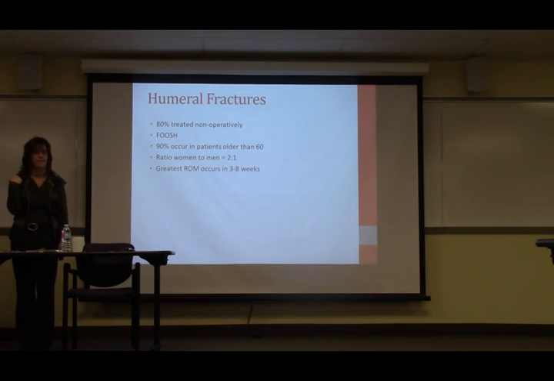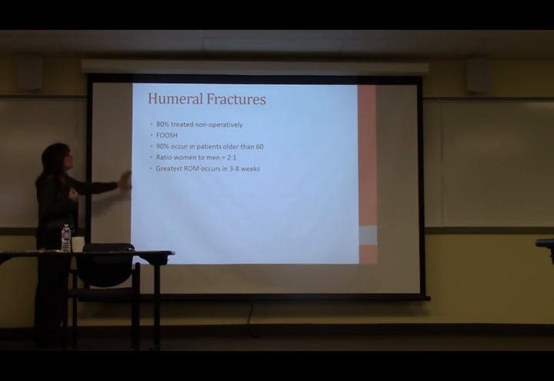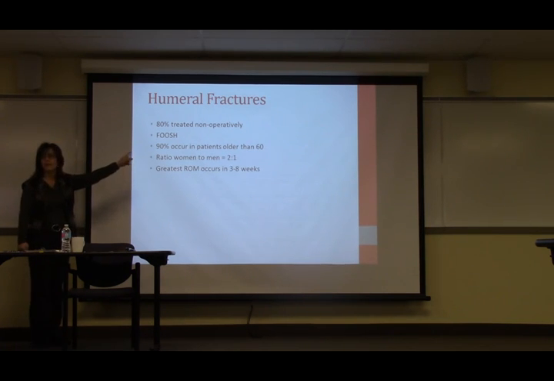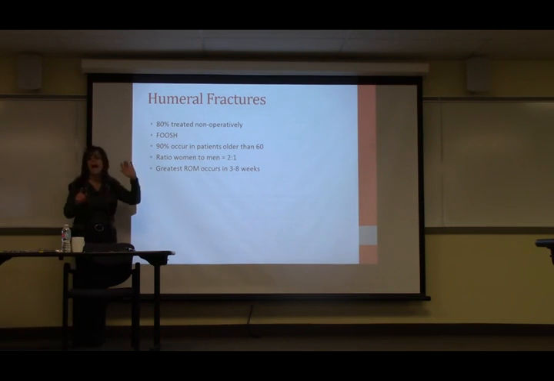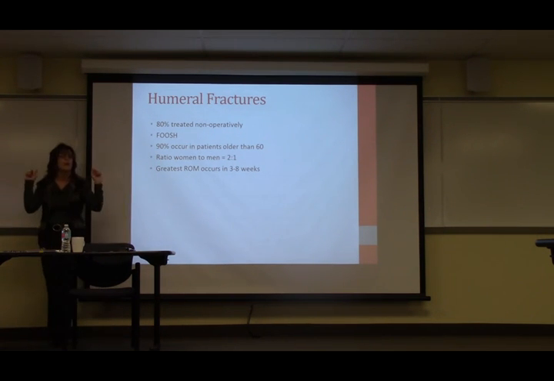Okay? I know it's a lot, right? So we're moving on to humeral fractures, right? What is the nerve we're going to think of when we think of humeral fracture? Radial nerve, right? If I have a patient with a humeral fracture, I'm going to manual muscle test what muscles?